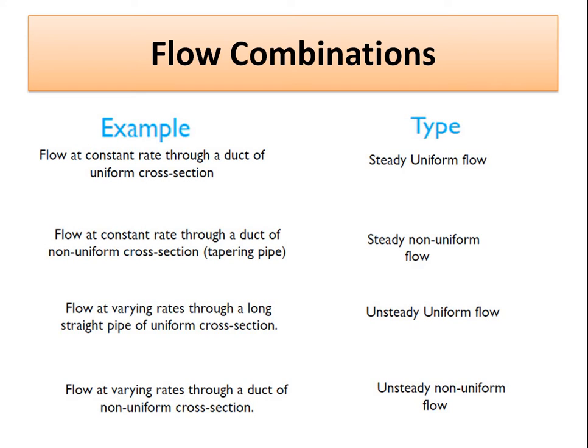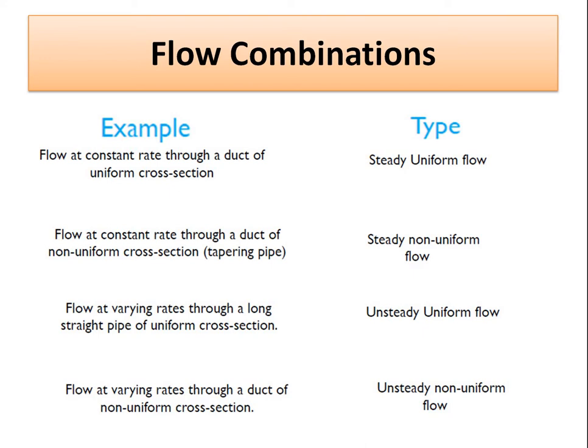So if the flow is at a constant rate and passes through a uniform cross section, then it is steady because it is flowing at a constant rate, and since it passes through the uniform cross section, it is uniform flow. If flow at constant rate through a duct of non-uniform cross section, for example a tapered pipe, then since it is flowing at a constant rate, it is steady, but as cross-sectional area goes on increasing, it is non-uniform flow.